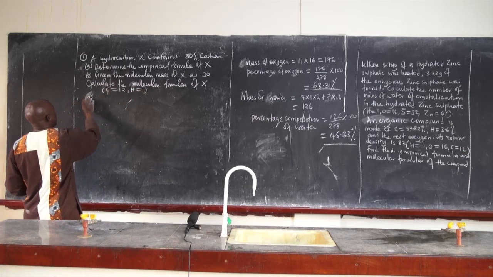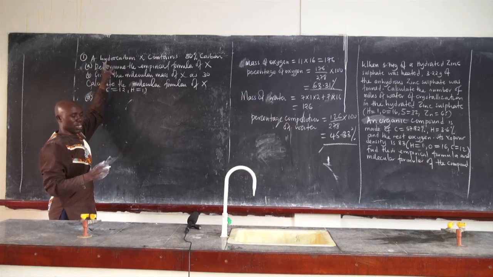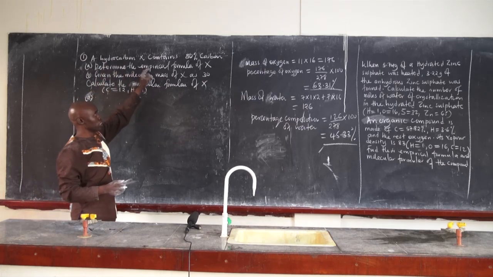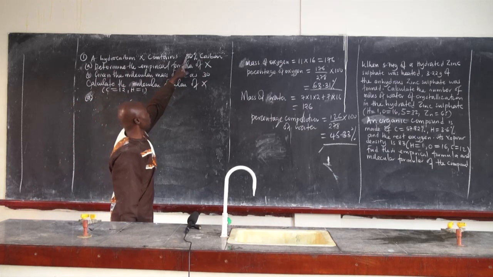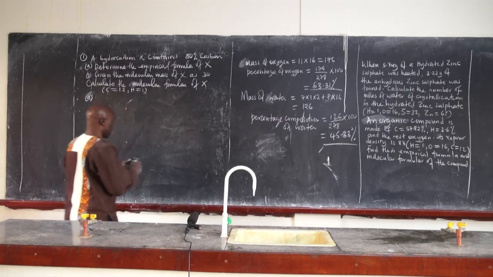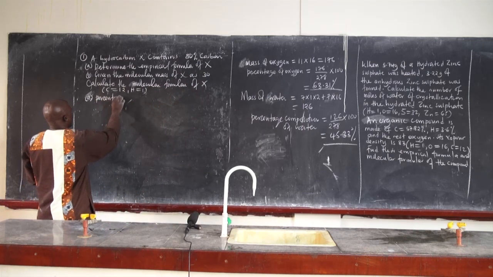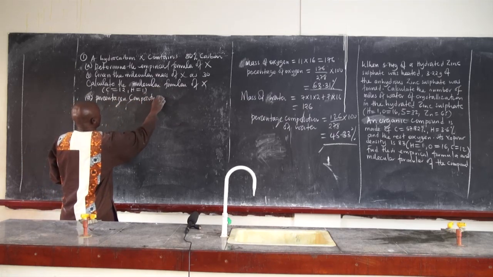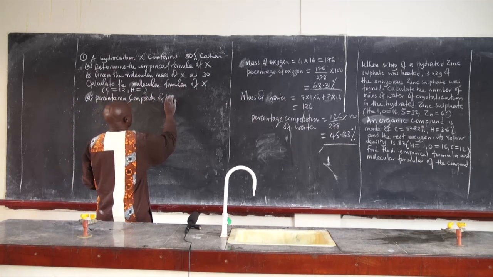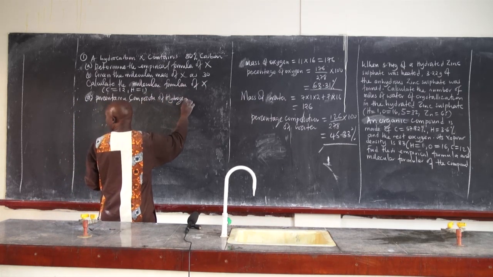So part A. First we have to establish what the hydrocarbon is. A hydrocarbon is a compound consisting of carbon and hydrogen atoms. The question has only given us carbon, so I need to get the percentage composition of hydrogen. You can use H, but don't use H2.